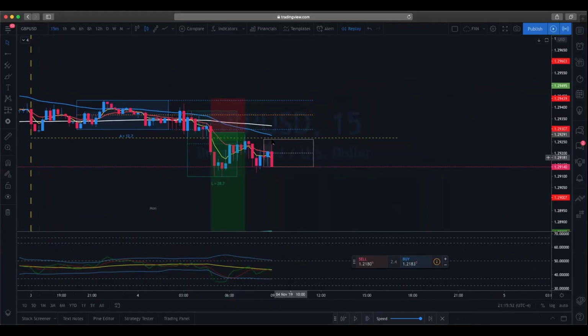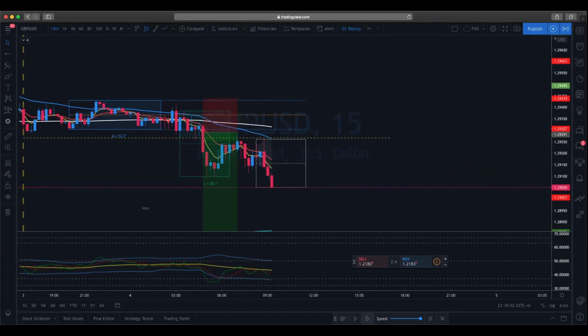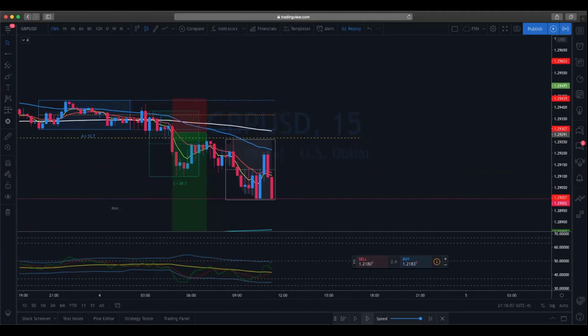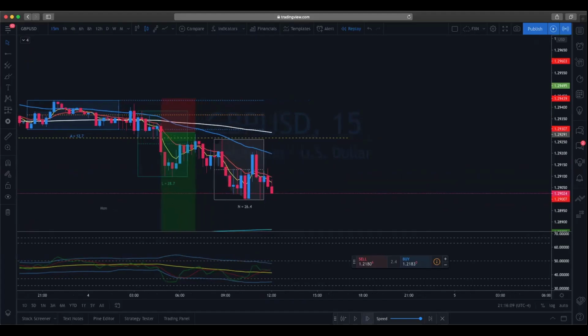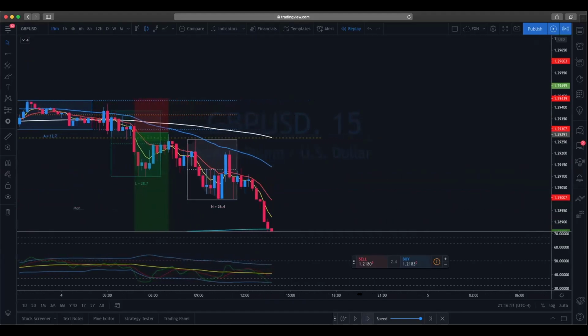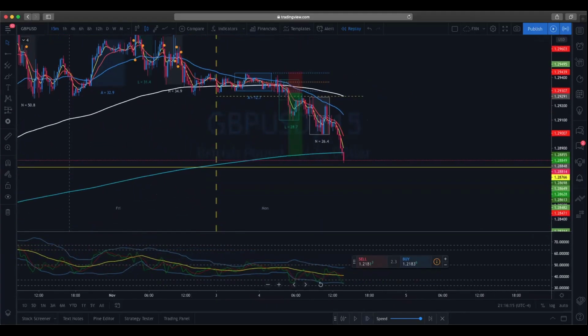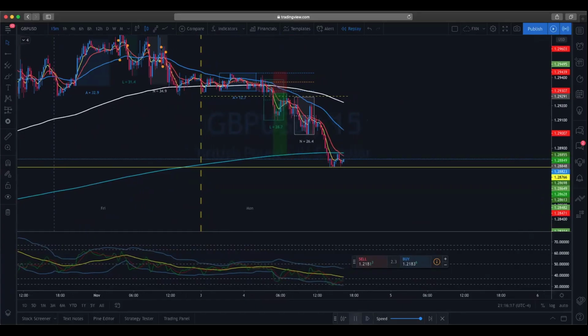You see how the 50 keeps pushing it down? See, I pinned to the 50 there, and it keeps pushing it down. You're still in this trade, by the way. How far down does it keep going?